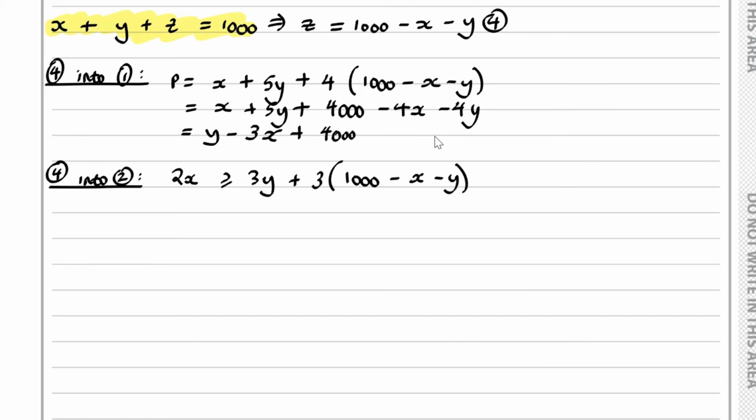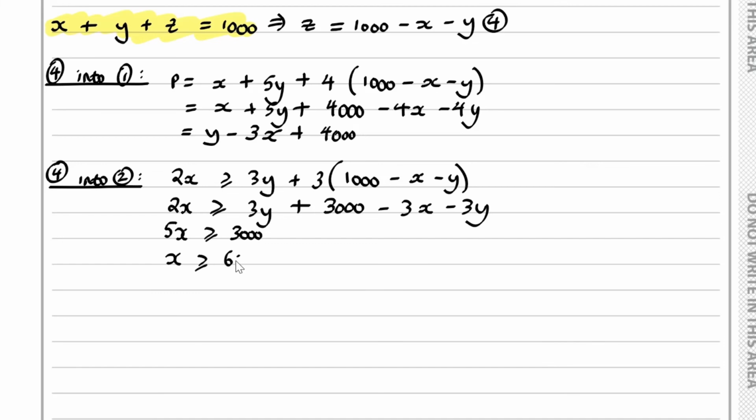And if we continue to tidy this up, we have 2x being greater or equal to 3y plus 3000 minus 3x minus 3y. Tidy this up a bit more. 5x is greater or equal to 3000, and therefore x is greater or equal to 600.